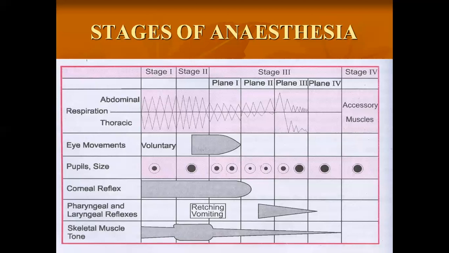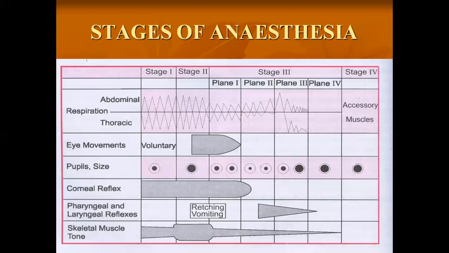manifestations are due to release of lower centers from the inhibitory control of higher centers as a result of cortical depression. The pupils may dilate and marked hypertension and tachycardia may develop due to release of adrenaline.